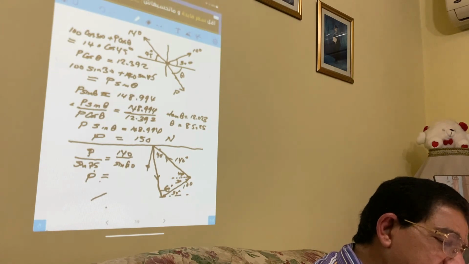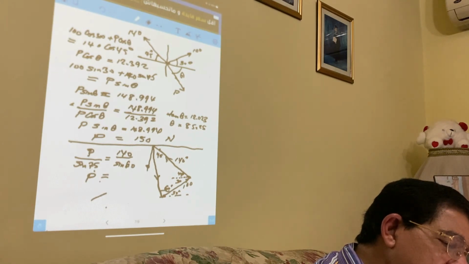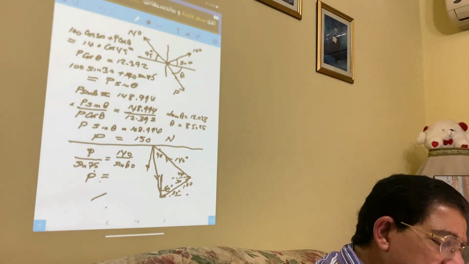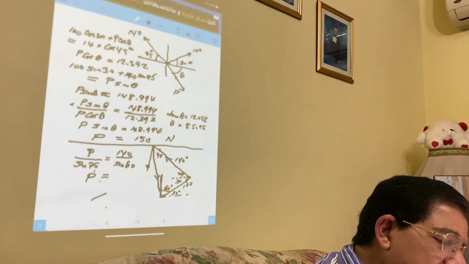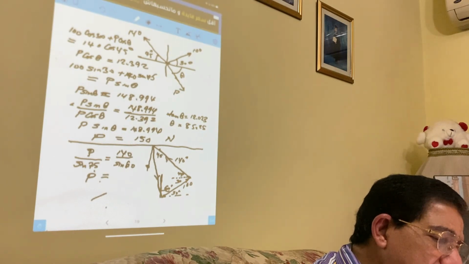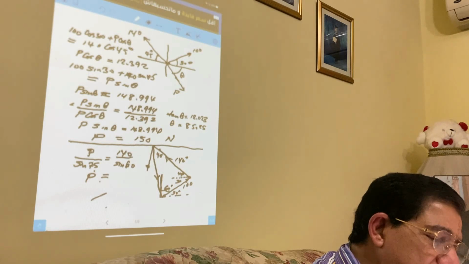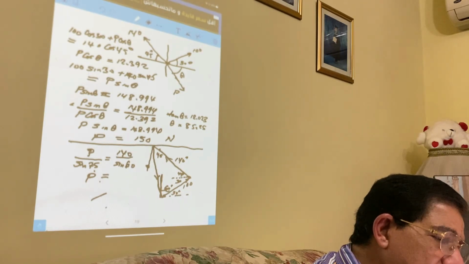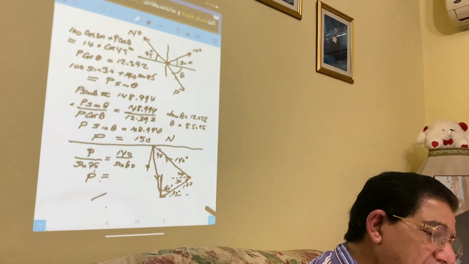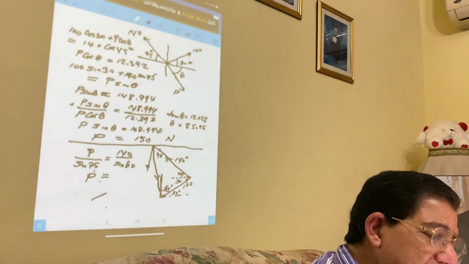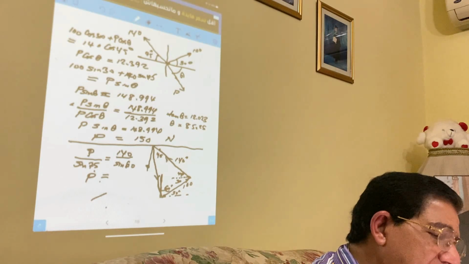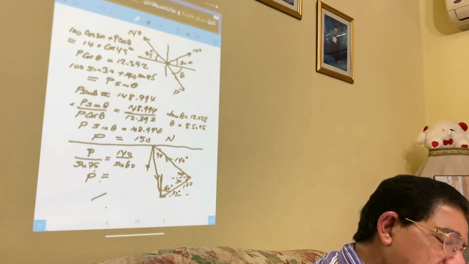So if this angle is theta, and this angle also is not known, therefore it is P over sine 75, but we don't have the other forces. We can get the value of P in actual fact using the cosine rule, and then we can use the sine rule to get the angle, yes, sorry for that.